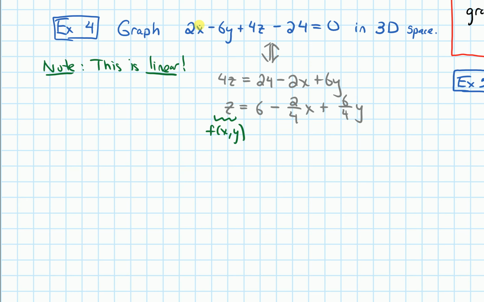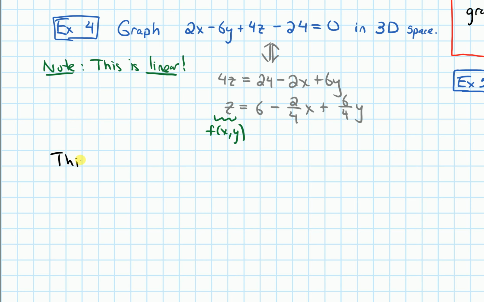The way I could have recognized that from the beginning without having to rearrange stuff like this is to notice that with each of these x, y, and z terms, their power is just 1. Like this is just x to the 1, and that's just y to the 1. So we don't have things like x squared or square roots or variables in the denominator or variables being multiplied together. That's the way I can see just by looking at it that this is linear.